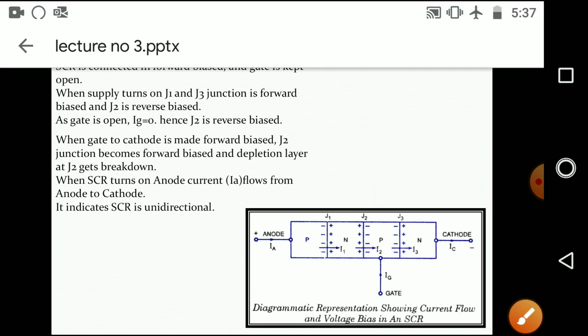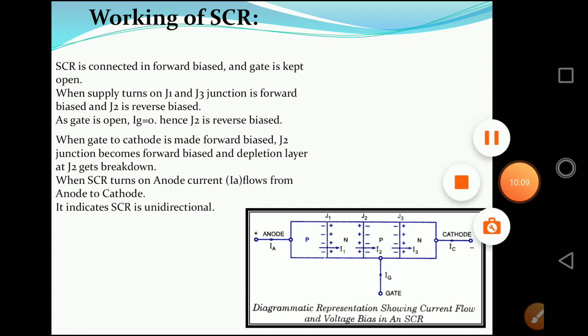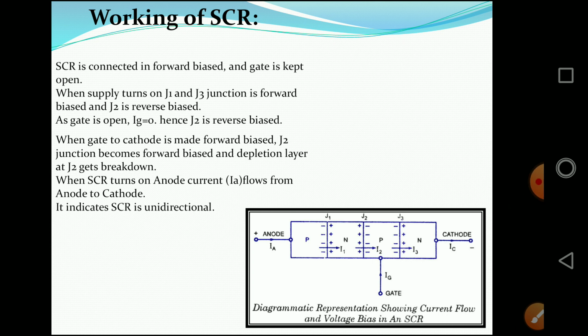Due to this, a depletion layer gets formed at the J2 junction. By increasing the forward voltage from anode to cathode, the width of the depletion layer goes on increasing. As the voltage increases, the width of the depletion layer keeps increasing with the gate terminal open.